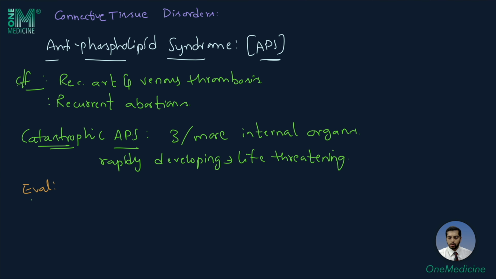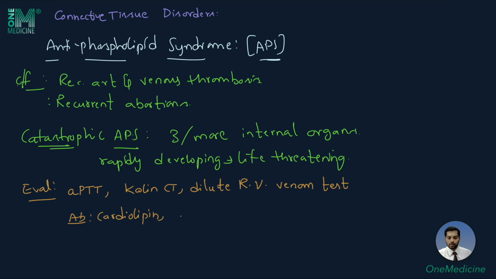Evaluation of antiphospholipid syndrome includes measurement of activated partial thromboplastin time, kaolin clotting time, dilute Russell's viper venom test, detection of antibodies against cardiolipin, prothrombin, and beta 2 glycoprotein.